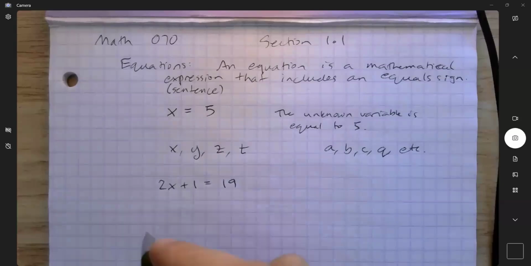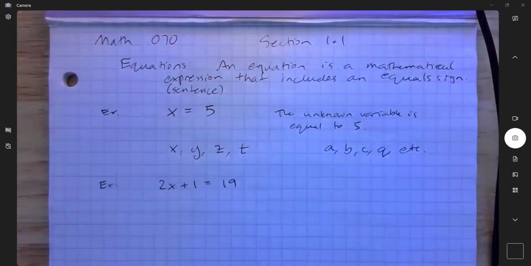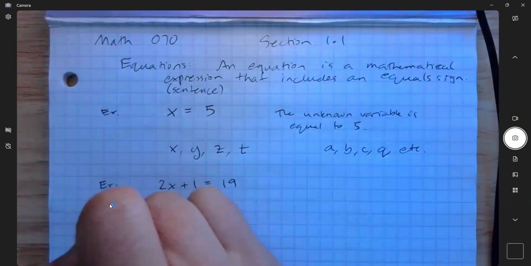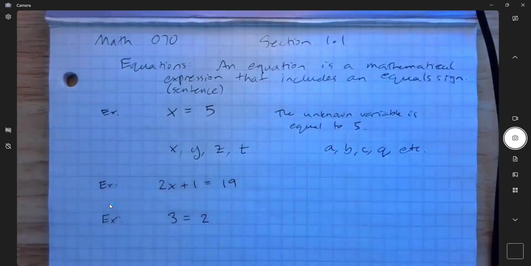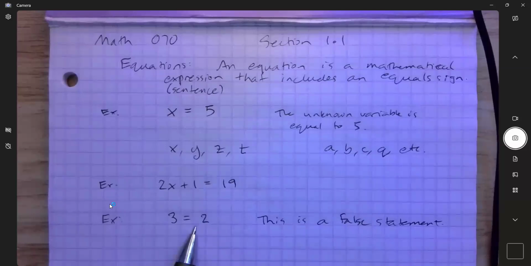Here's another example of an equation. 3 equals 2. Right? It's a mathematical expression that involves an equal sign, but obviously this is a false statement. Just because we have an equation doesn't mean the equation has to be true.